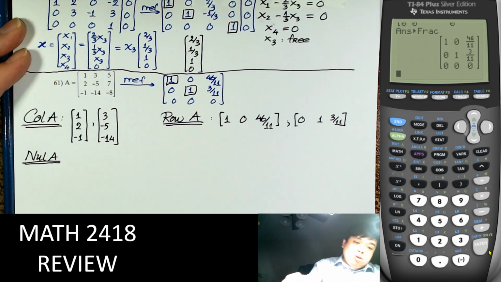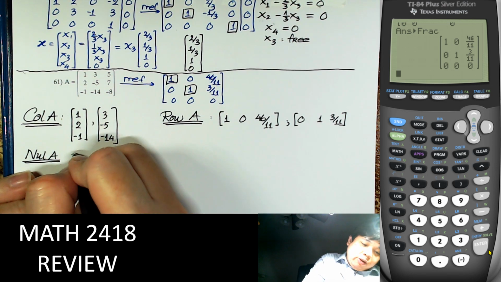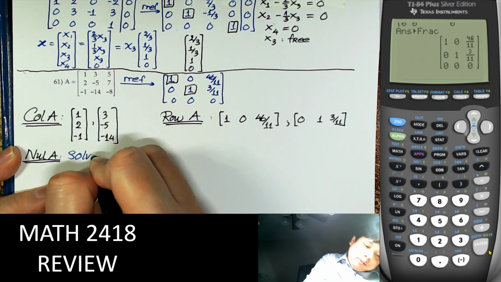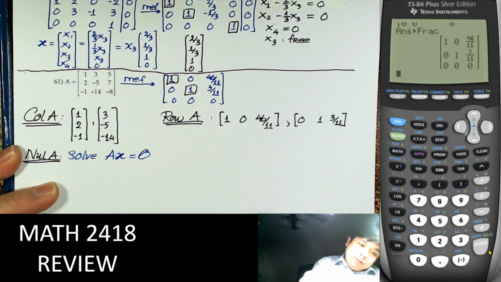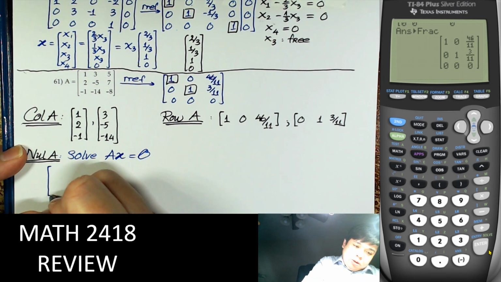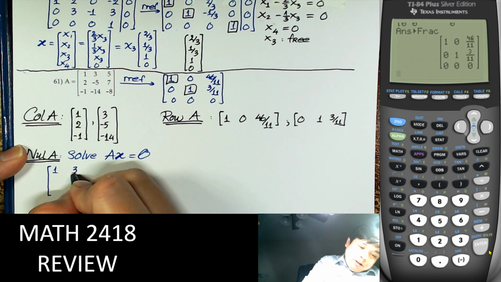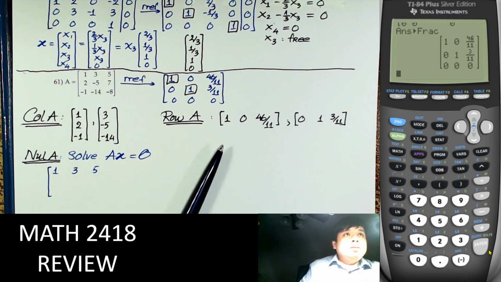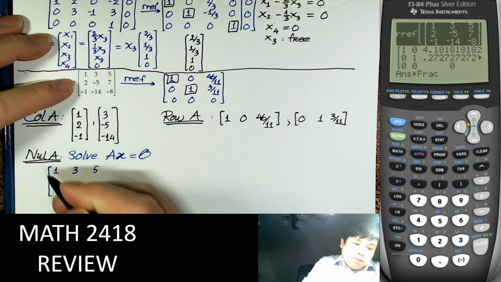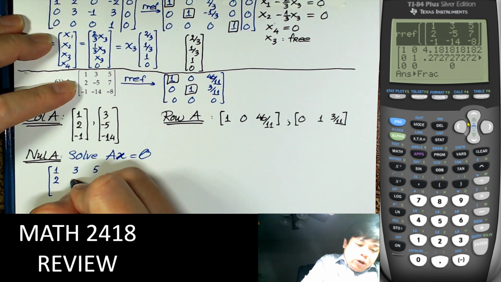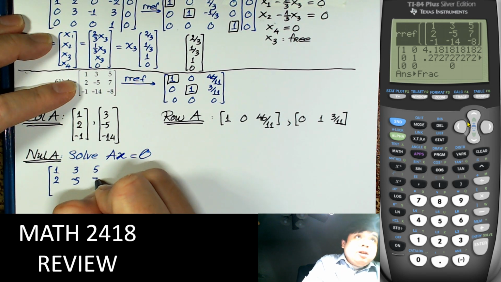Find the basis for the null space of A, which involves solving the homogeneous system. So we have this matrix. Just make sure I enter the right values.